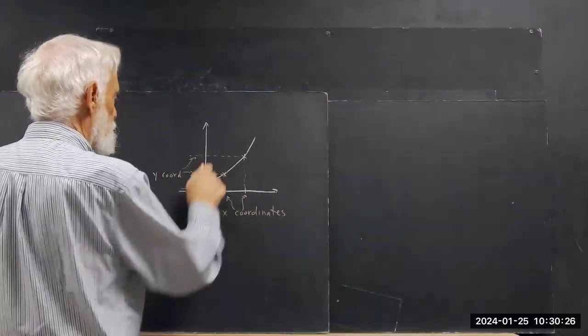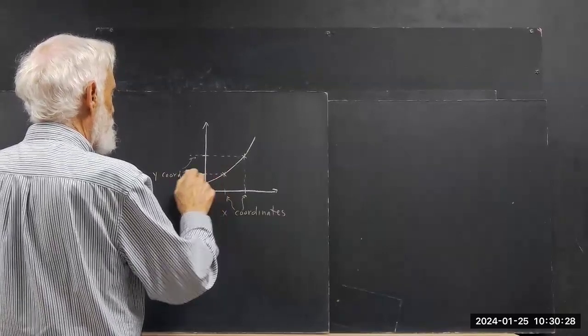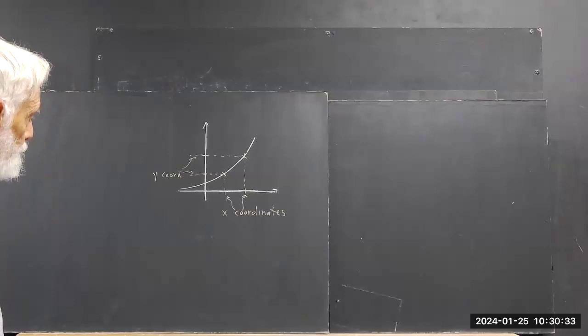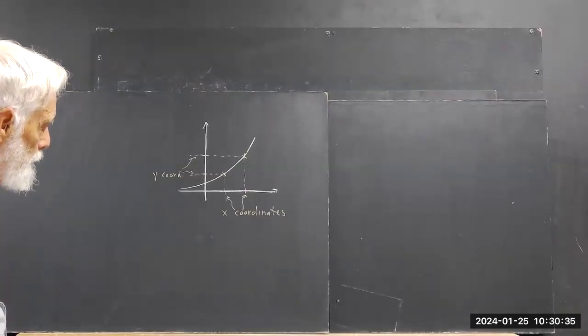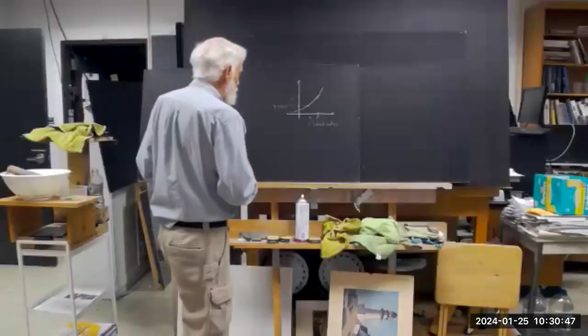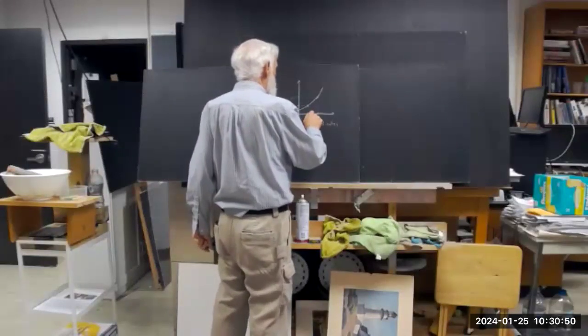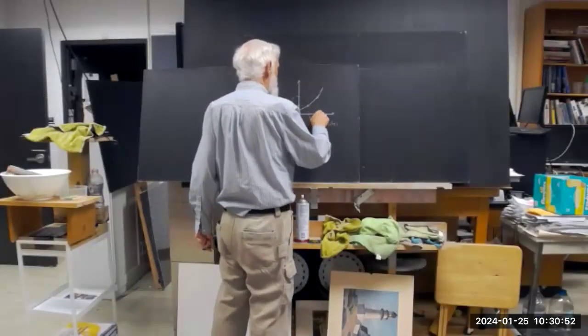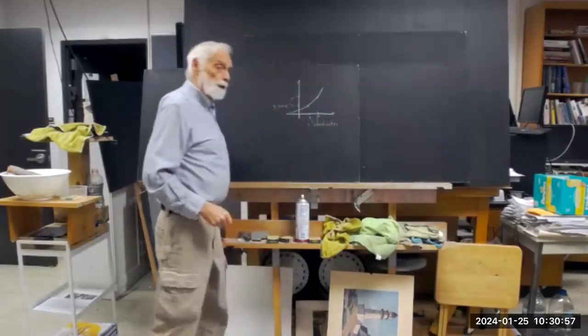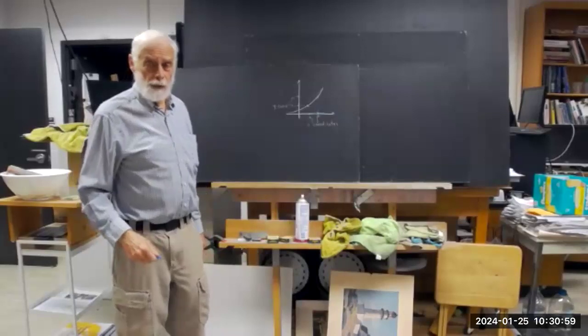And here are my y coordinates. Here. If I move from the point on the left to the point on the right, then my x coordinates change right here. A little arrow for the change in the x coordinates.